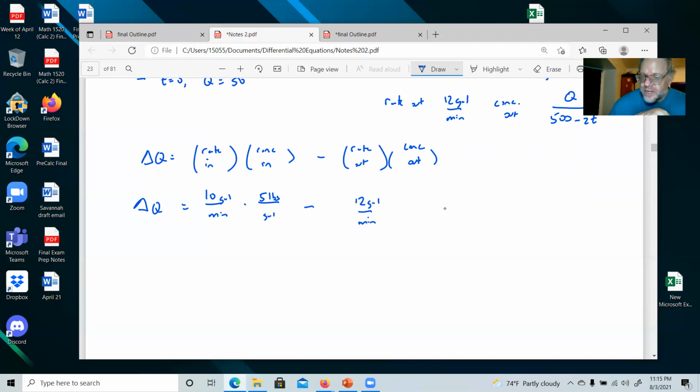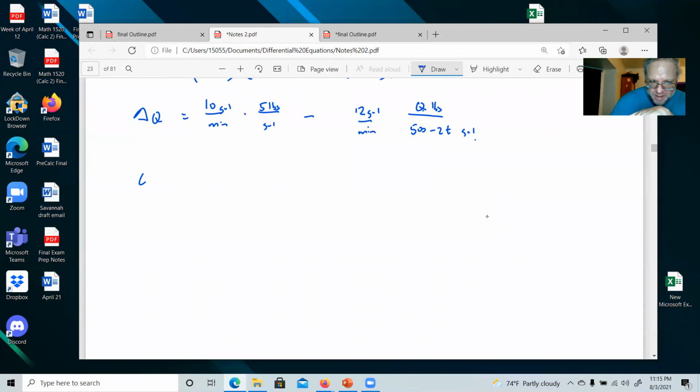And our concentration, well, we have Q pounds, divided by the whole volume. The volume is 500 minus 2t gallons. Pounds per gallon. So again, the gallons cancel, so we have pounds per minute.